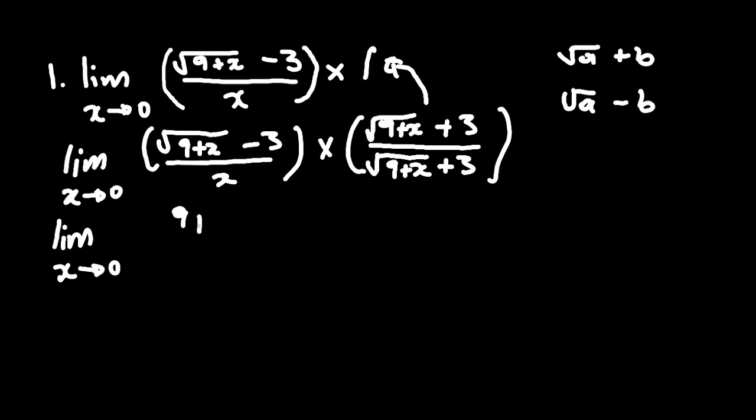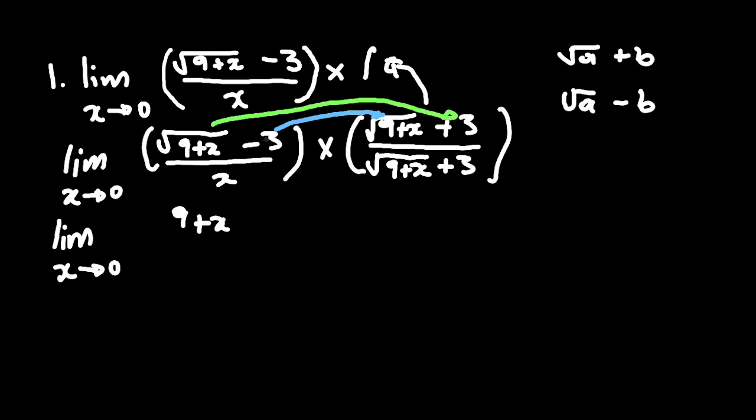Then this square root times 3 gives 3 root 9 plus x, and minus 3 times the root gives the same term, so they cancel out and I end up with 0.